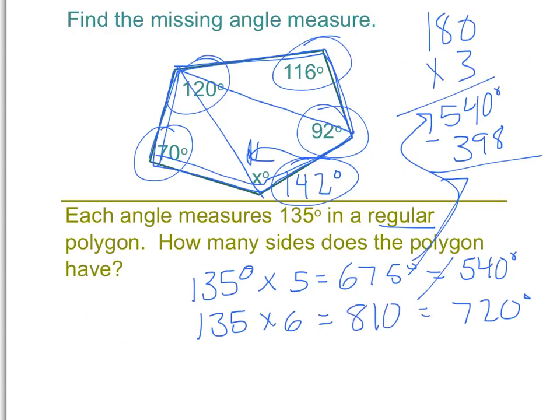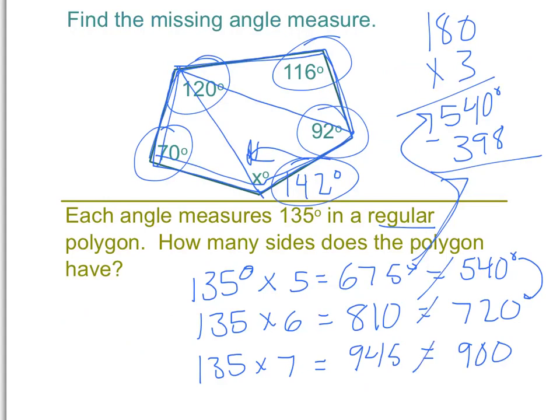Does that work? No. If I had a 7-sided shape, remember, each time I add on, I'm just adding 180 degrees. So I'm going to take my 720 and add 180 degrees and say, okay, the next shape would have 900 degrees. 135 times 7 is 945.